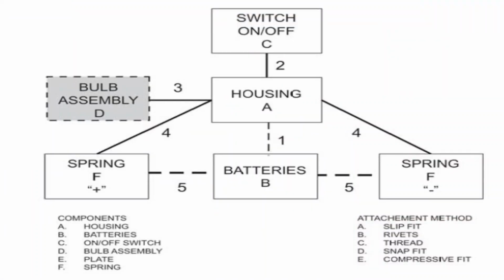If you see the example here, we are talking about a bulb assembly, which has 3 different parts: switch on and off, housing, and batteries. The battery also has its own sub-assembly, 2 different springs. So when we bifurcate everything clearly as a block diagram, it becomes very easy to identify the possible interface issues and the possible challenges with respect to the assembly.